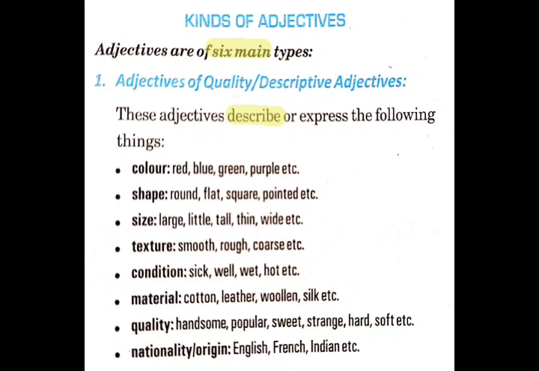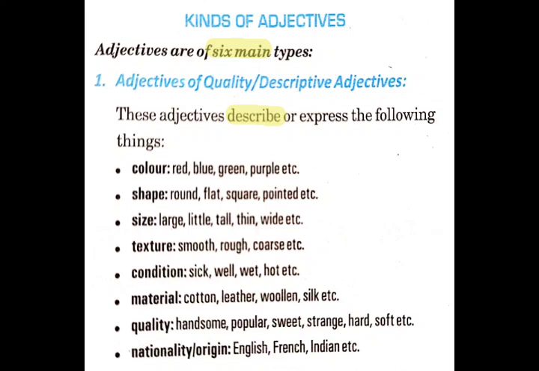Okay. So these adjectives describe or express the following things like color, shape, size, texture, condition, material, quality, nationality or origin. So anything that describes the noun, it tells us about the quality of that noun. That is descriptive adjective or qualitative adjective.